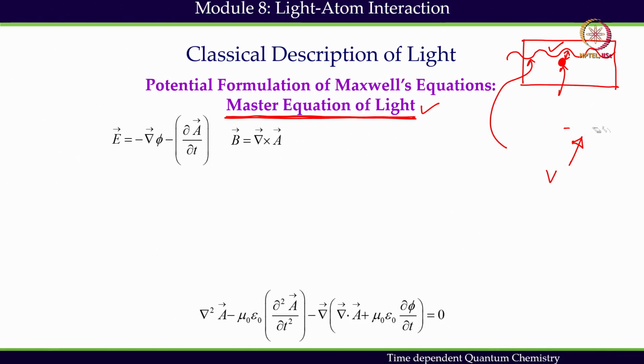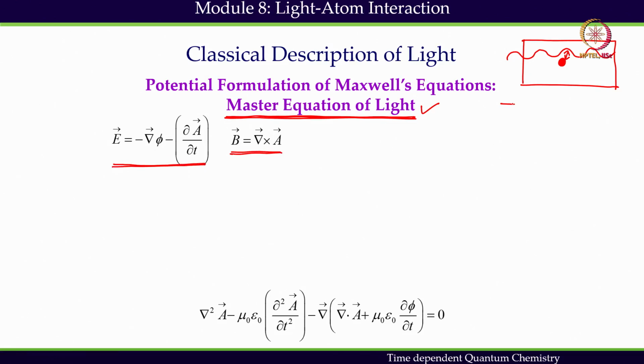So, what we are going to do right now is combine all 4 Maxwell's equations in terms of potential, and we will represent the final equation of the light, how the light should look like mathematically. We have already seen that electric field can be expressed in terms of vector and scalar potentials, and magnetic field is represented by this.